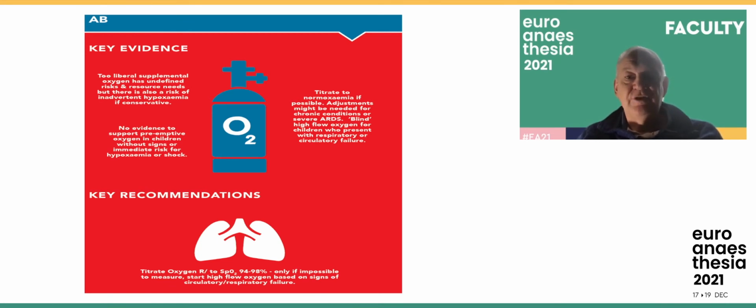And again, titrating would be really important, especially for children, for example neonates with chronic lung conditions where they're on home oxygen, because they may have altered capacity for response to oxygen. So titrate, the magic figures are 94 to 98%. If you don't have that, then yes, do give high flow oxygen, but try and titrate as soon as you can.